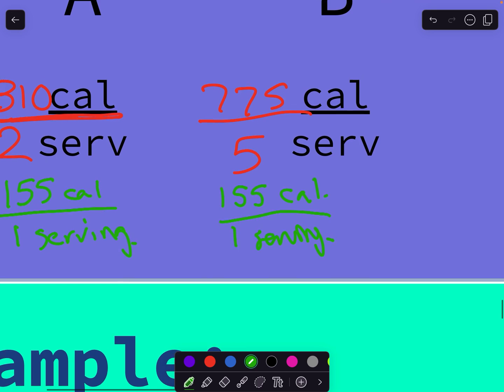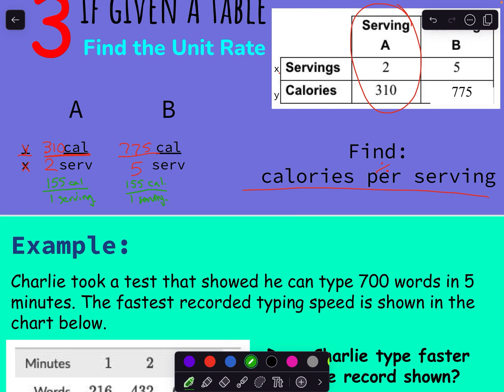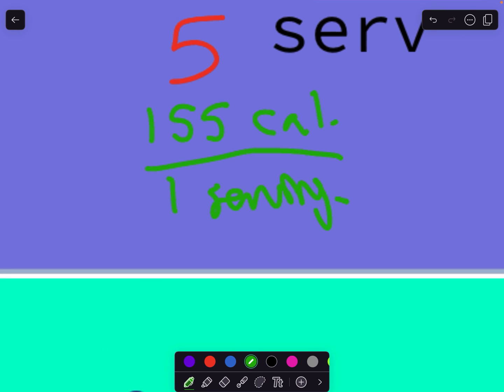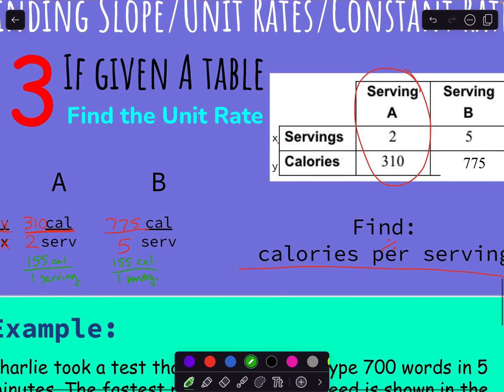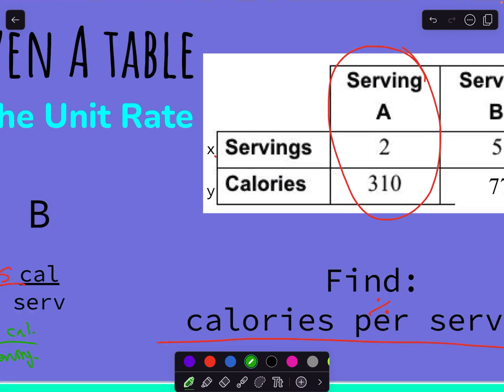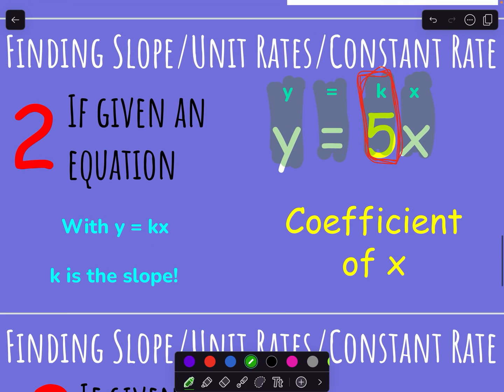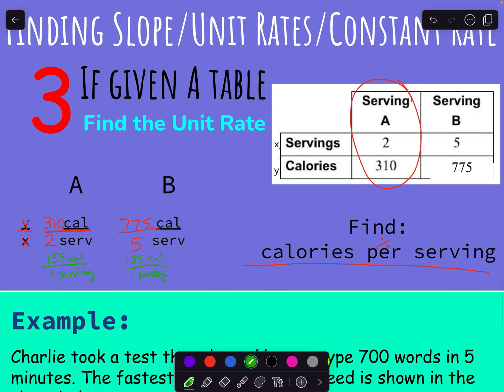So these are the same, like the same item being served. The whole point is we could take a unit rate from a chart and ask, are there more calories per serving based on this chart or in this equation? You can compare them because you can find the constant of proportionality in both. Then you just compare that number.